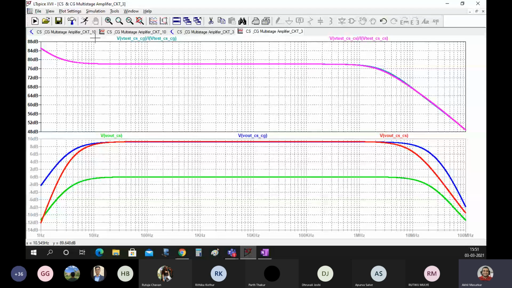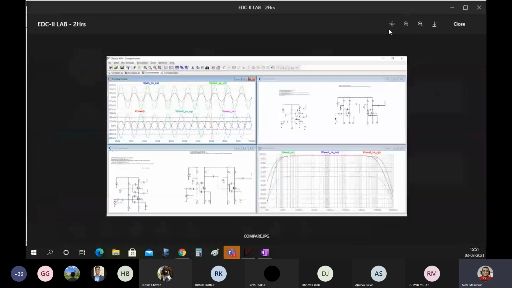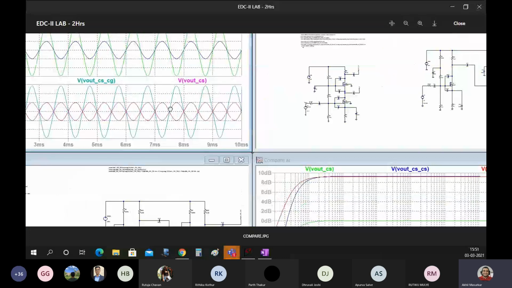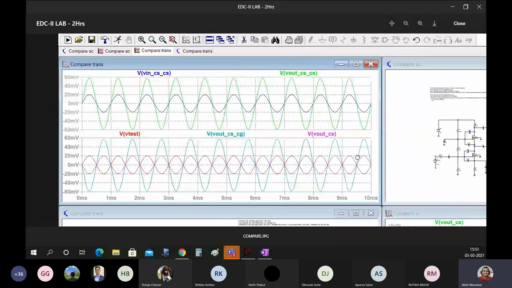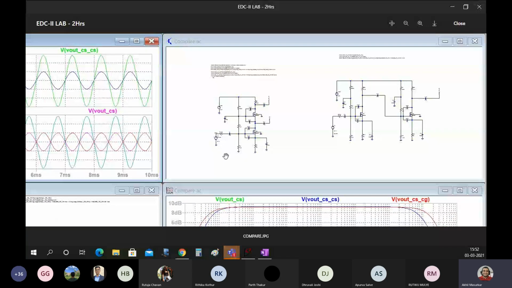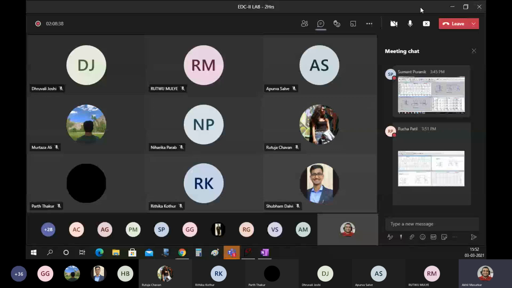Yes, Rucha, very good. This is correct. Now try to take these circuits close to each other and put a title here and do the beautification part of it. Put your roll number.